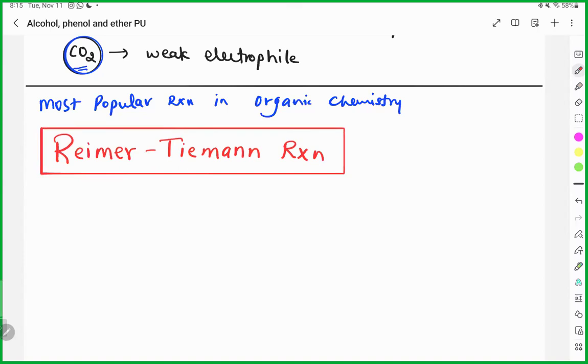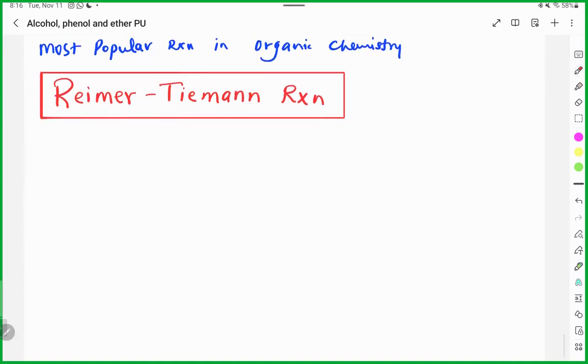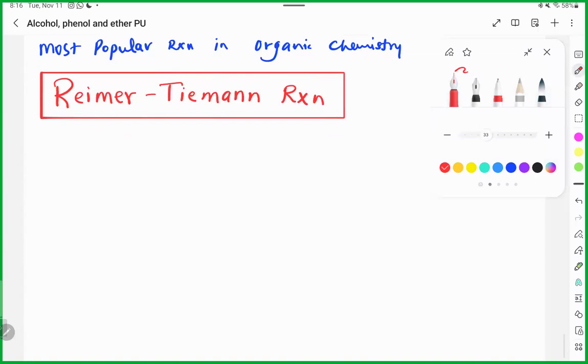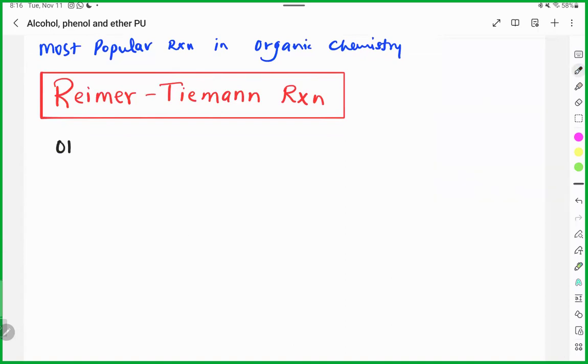And in 90% of cases, they will never ask you to write the Reimer-Tiemann reaction. They will give it in an indirect form, like what will be the product if this is happening. Let me write the reaction first. We know we are doing phenol, so definitely phenol is the reactant. It's easy.